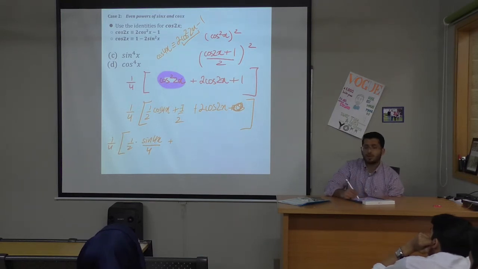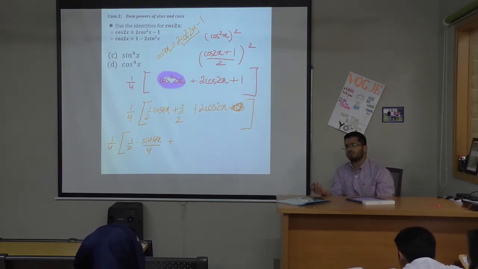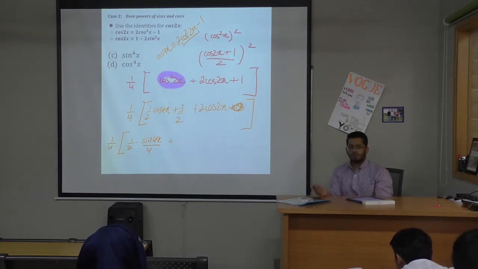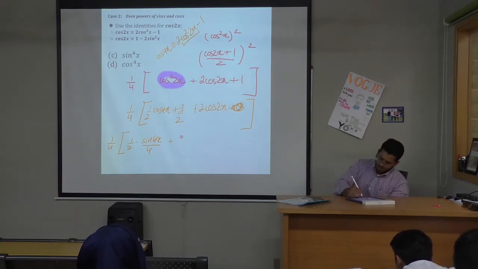There was a half here and a 1 here. You can combine them as 3 by 2, 1.5. Okay? It's 3 by 2 x, plus the integration of cos 2x is sin 2x over 2, plus c. The 2 and the 2 go away.